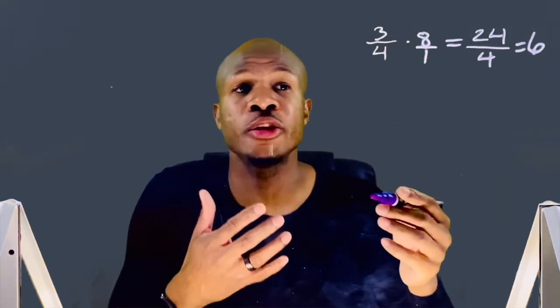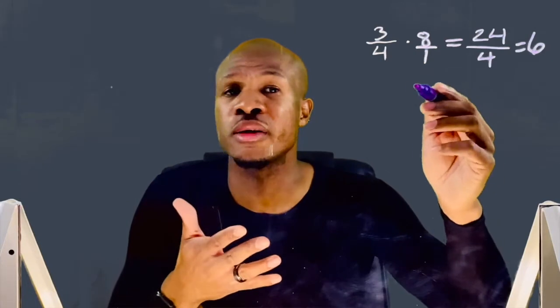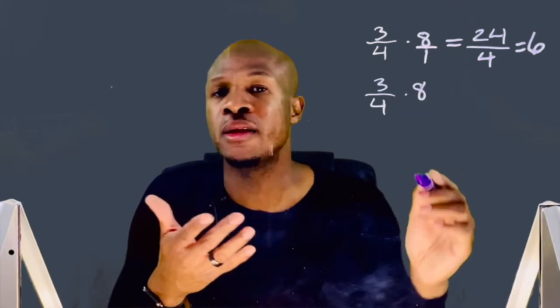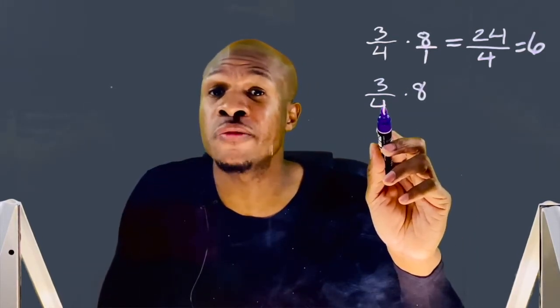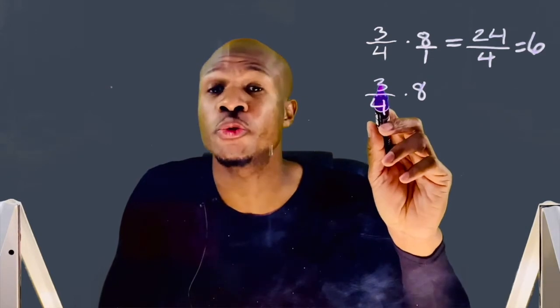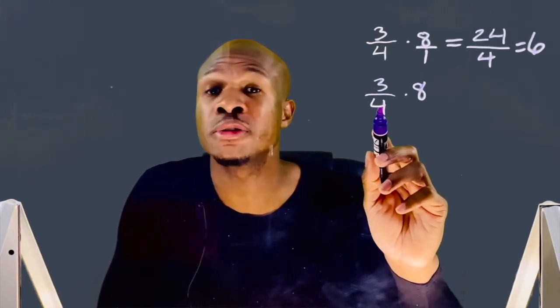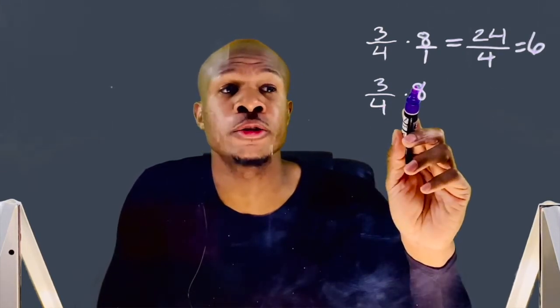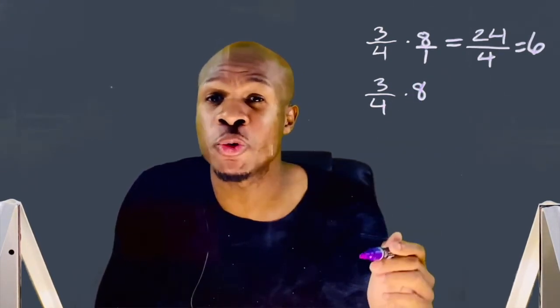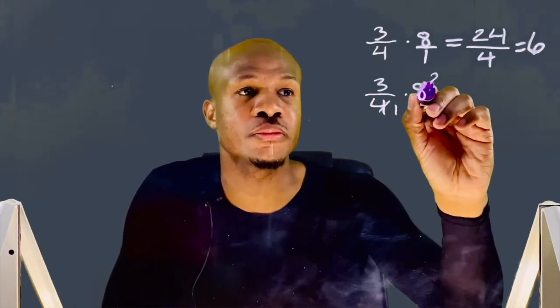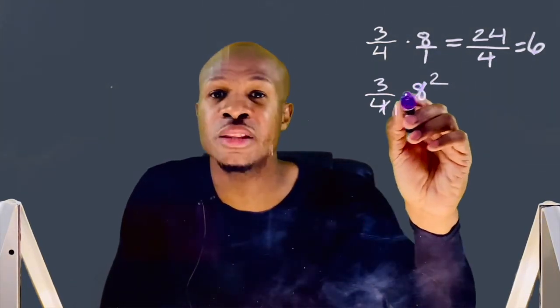And you could have done this a different way. Because remember, if you have 3/4 times 8, 4 is in the denominator, so 4 is a divider. 3 is in the numerator, so 3 is a multiplier. So since 4 is a divider, you can do 8 divided by 4, which equals what? 2, right? So the 4 becomes a 1 and the 8 becomes a 2, because 8 divided by 4 is 2.